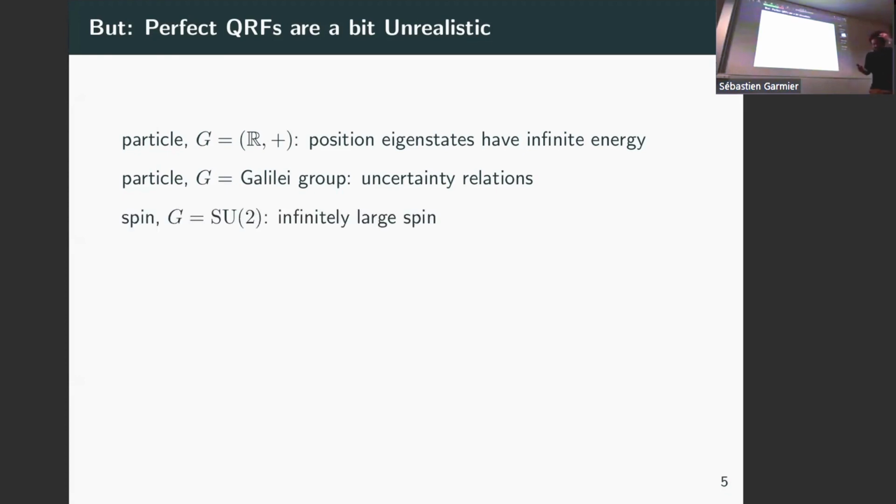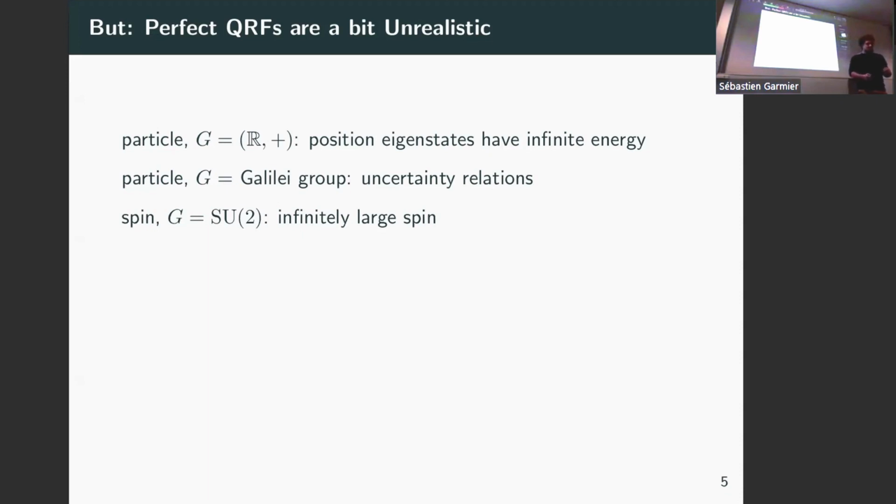This is an interesting example. So take the group of rotations in space. Okay, we're doing quantum theory, so let's take SU(2) and not SO(2). You can use, let's say, a spin-1/2 particle to indicate the direction in space. But this is only really a good indication of direction if you already know that the direction is either this direction or that, and for everything in between it's very bad.